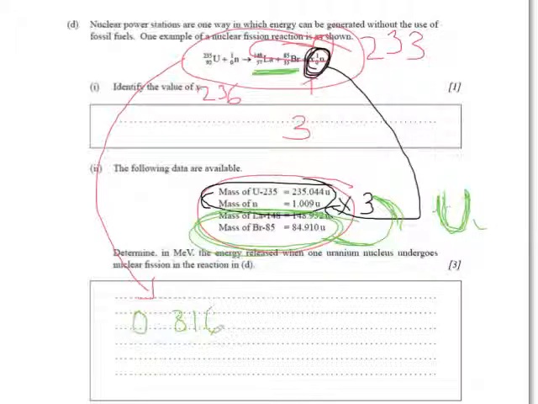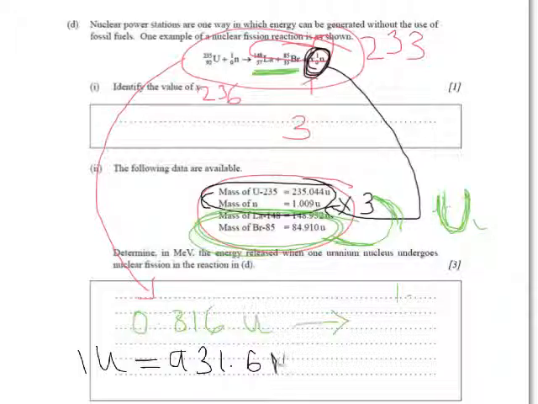You should find that you get a mass difference of 0.816 u. And then we need to convert that into megaelectronvolts. Now remembering that 1 u equals 931.6 megaelectronvolts, you can easily make that conversion.